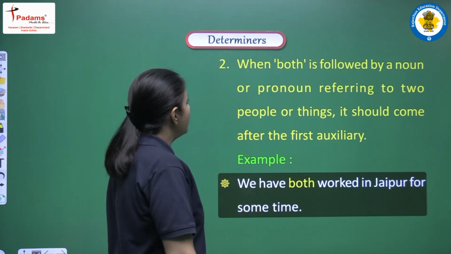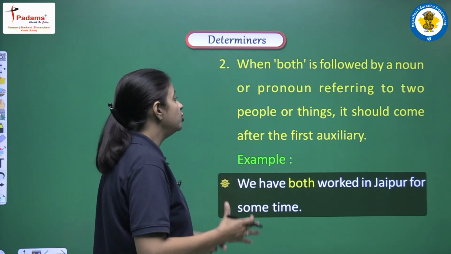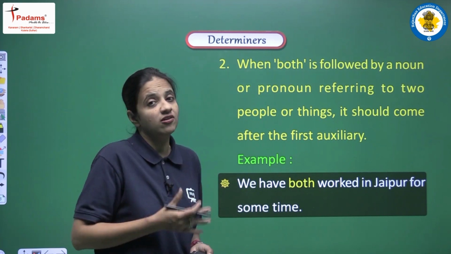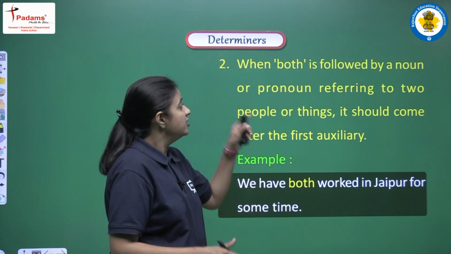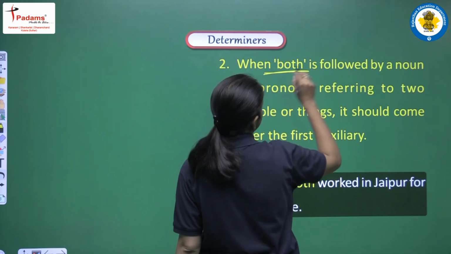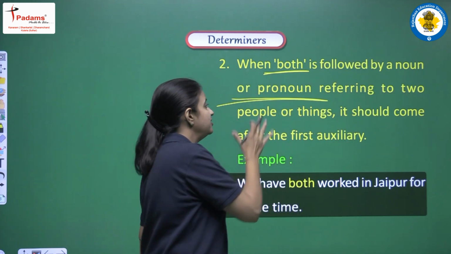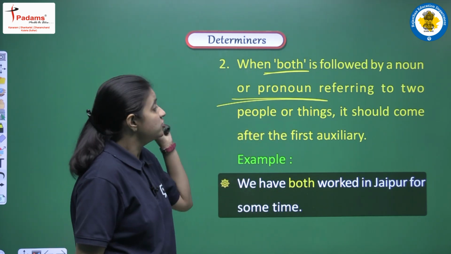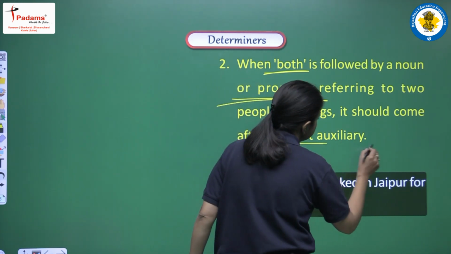Next we are having another use of both. When both is followed by a noun or pronoun referring to two people or things, it should come after the first auxiliary. So here we have to be very careful regarding the structure. If we are using both, and after both we are having a noun or pronoun, and with the help of that we are referring to two people or things, at that time both should come after the first auxiliary.